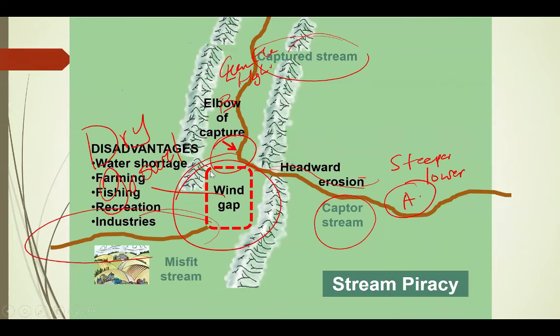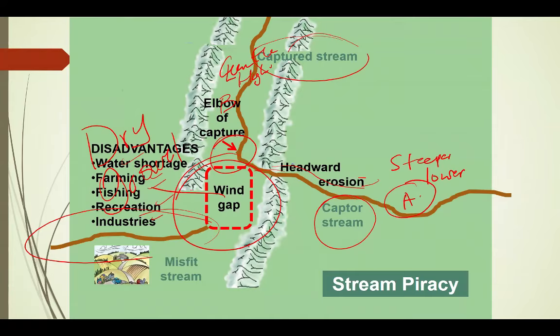Now, what will be the disadvantage for the people that are living downstream where the river has been diverted or where the river has changed its direction? There's going to be water shortage. For farming, there's going to be less fishing, less recreation, and less industrial activities because of the shortage of water.